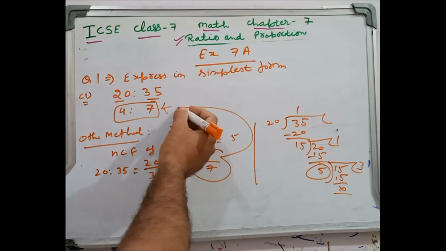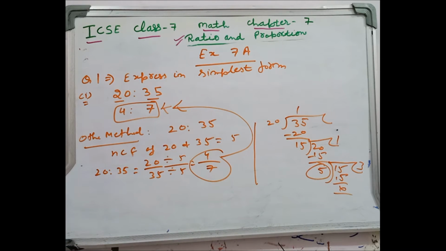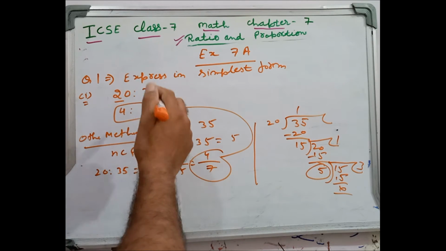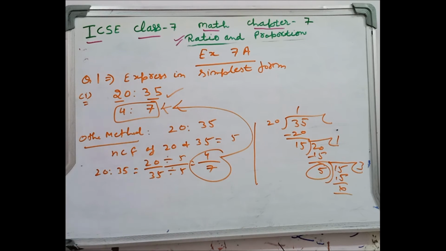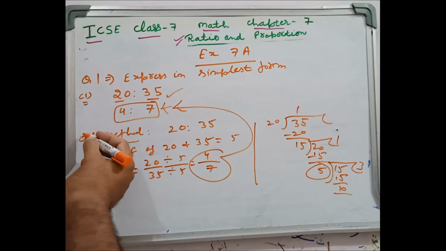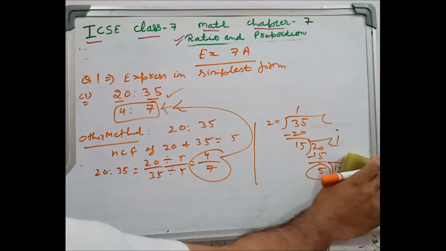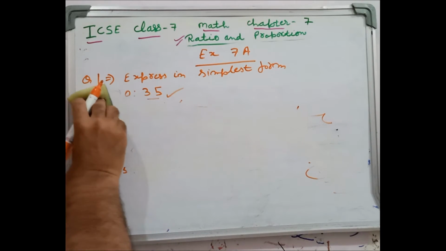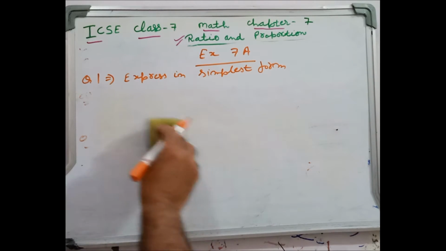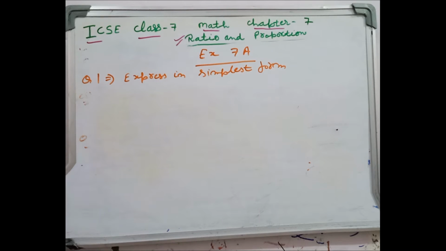So this is here, right? Students, if you have learnt your tables well, then you can do it easily. Otherwise, go to the lengthy method, right? So, no need to panic. I have solved both the two methods here.